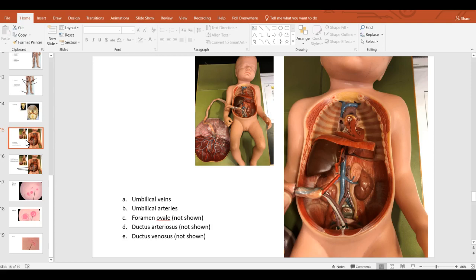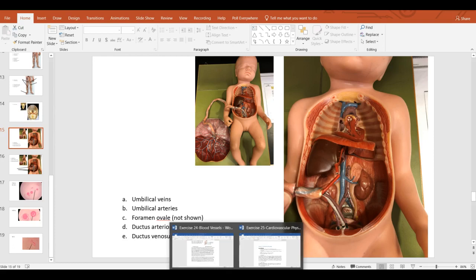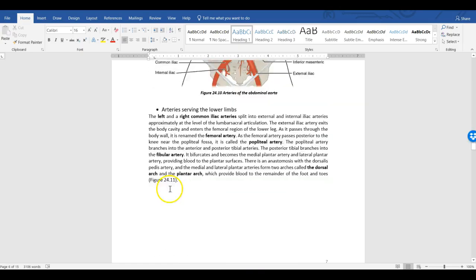We will ask you to know the function of all of these different blood vessels and know what becomes of them after birth or in the perinatal period. And I'm not going to go over the whole thing because you don't have time to take notes.